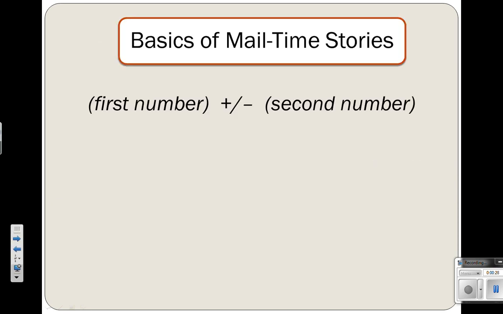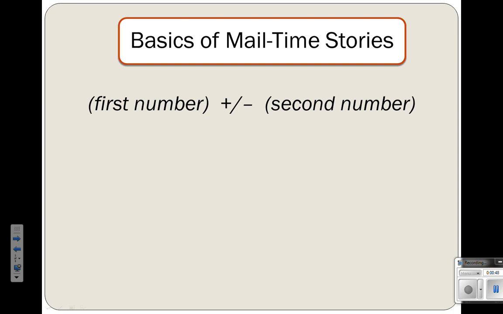Okay, so before we get started in looking at some examples, let me just talk to you briefly about the basics of mail time stories and the things that you're looking at. They're going to give you a problem. They'll give you a number plus or minus a second number, and they're going to ask you to write a mail time story that goes with that problem that they've given you.